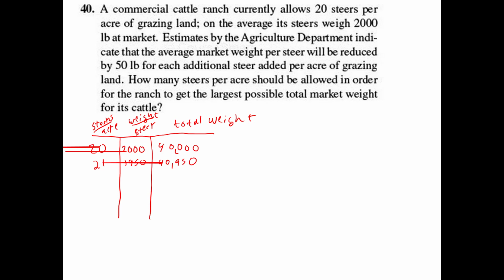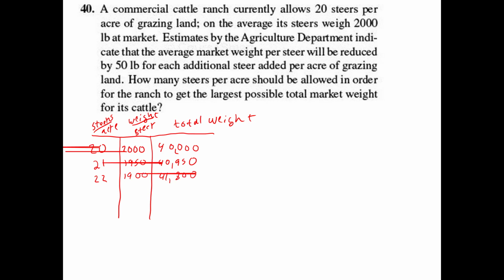Likewise, if you increase this to 22, now you're going to drop another 50 pounds per steer. So now you're only at 1900, and then the 22 times the 1900 is 41,800, a little bit more, right?